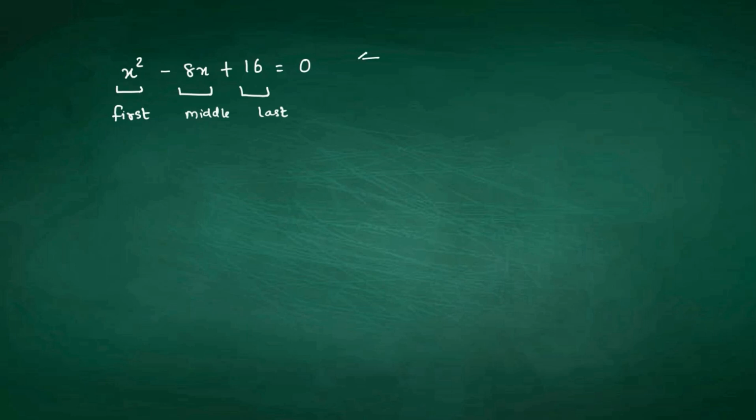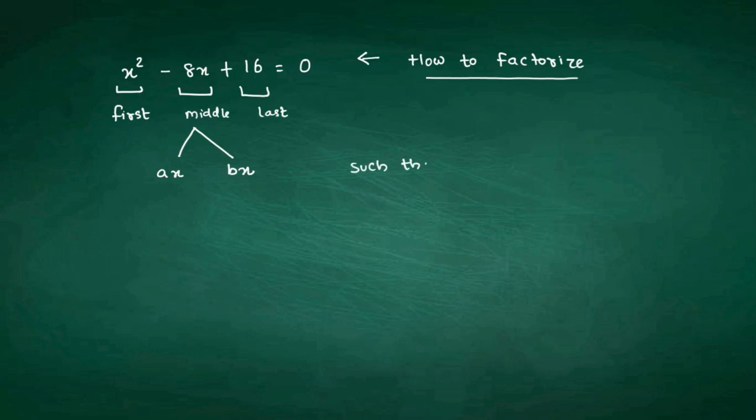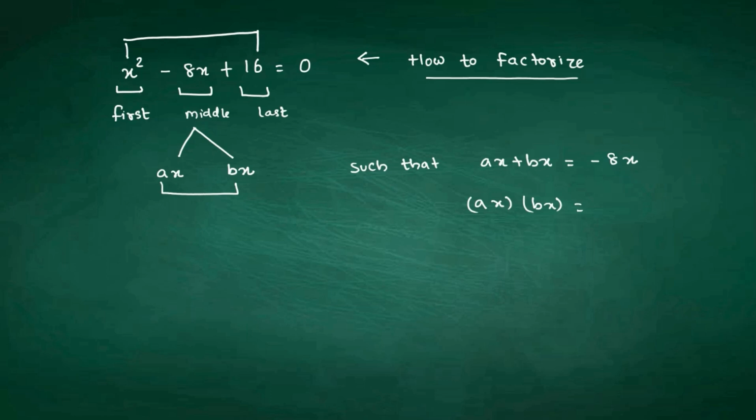So how do we factorize this? Now, what you can do over here is, there's a rule, we can split the middle term into two parts, let's say ax and bx, such that the sum of the two split terms, that is ax plus bx, will be equal to minus 8x, and the product of these two terms, that will be ax into bx, will be equal to the product of the first and the last term, that is nothing but x square times 16.